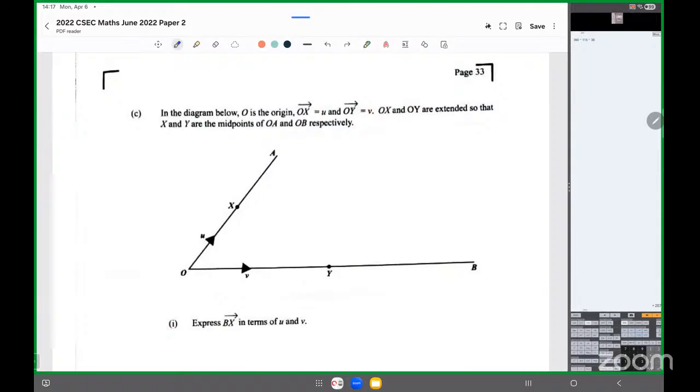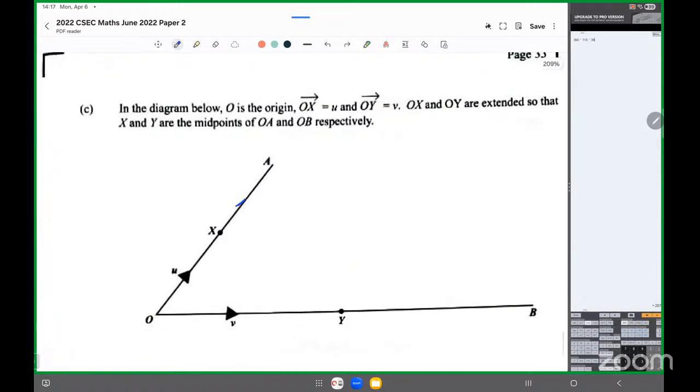OX is U. This is the vector U. OY is V. That's the vector V. It says OX and OY are extended so that X and Y are midpoints of OA and OB. So this is the midpoint of this line, and this is the midpoint of this line. It means then that this vector and this vector are the same. So the little vector up to here is also U.